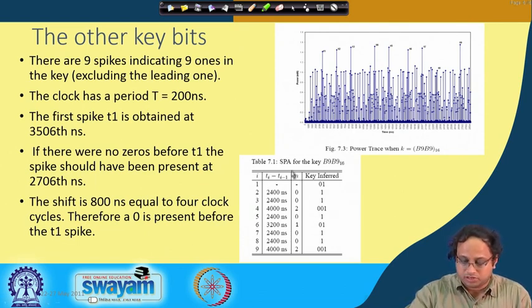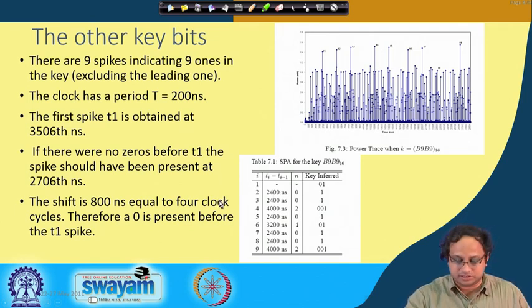Now if you observe the clock cycles like 1, 2, 3, 4, 5, 6 and so on, you will see that the first difference here is 2400 nanoseconds, and you plug that into the formula that we discussed. This is the time interval between 2 spikes.